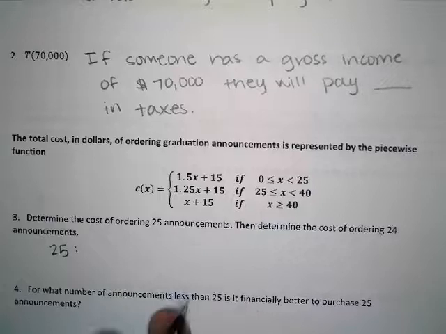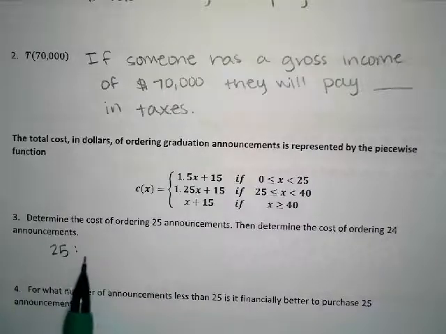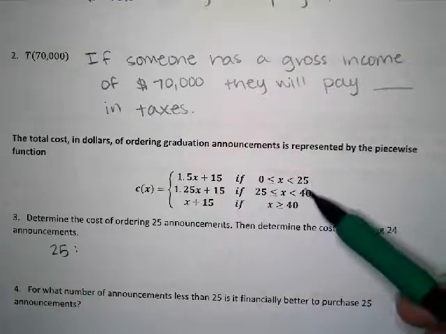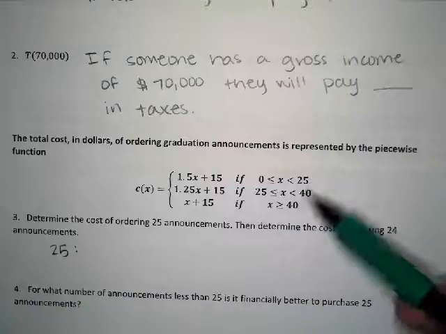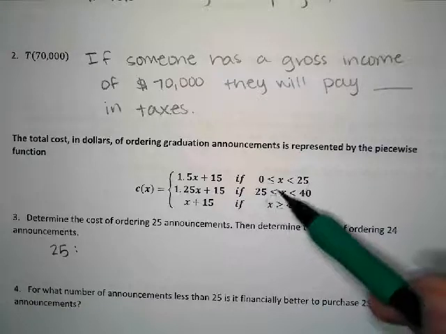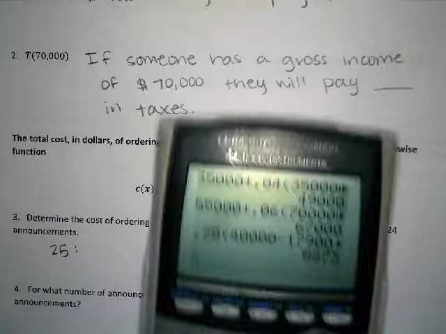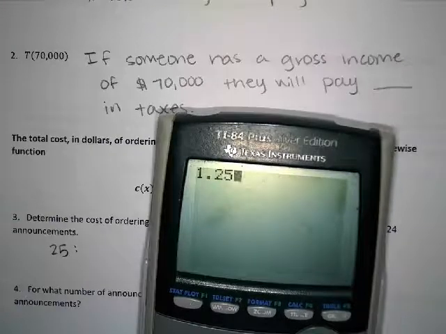The second one, because that's where the equal to is. Okay, so 1.25 times 25 plus 15. Okay, that would be $46.25.